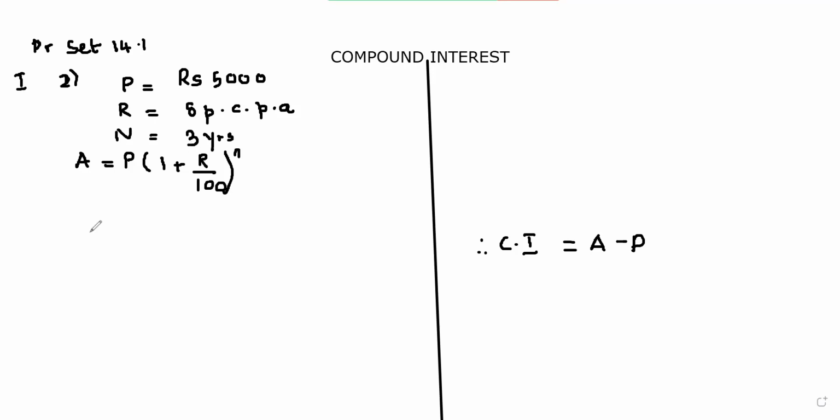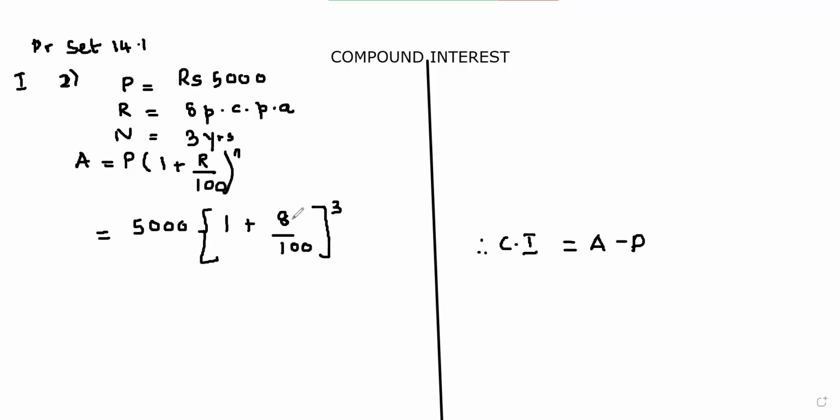So my formula, amount is equal to principal into (1 plus R upon 100) raised to N. So that is equal to 5,000, open the bracket, 1 plus 8 upon 100 raised to the power of 3.